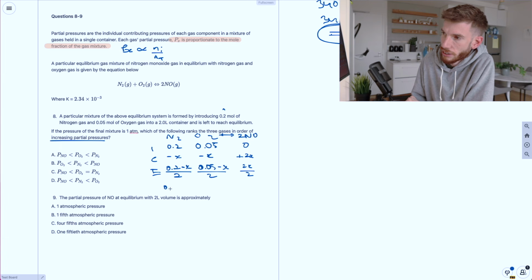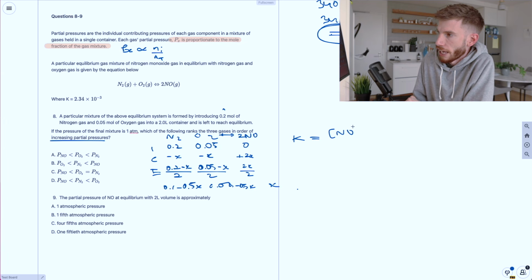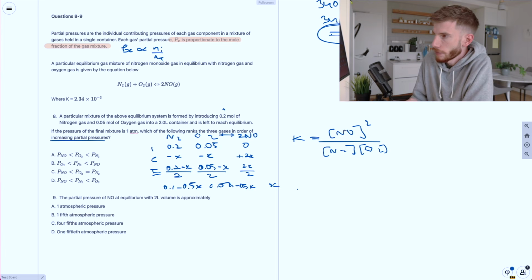And I would simplify this, it's just going to be a lot easier. 0.1 minus half x. This one over here, 0.025 minus half x, a little bit messy. And this one's going to be x, and this is our product. So the K is going to be the concentration of NO squared over the concentration of N2 times the concentration of O2, all at equilibrium.